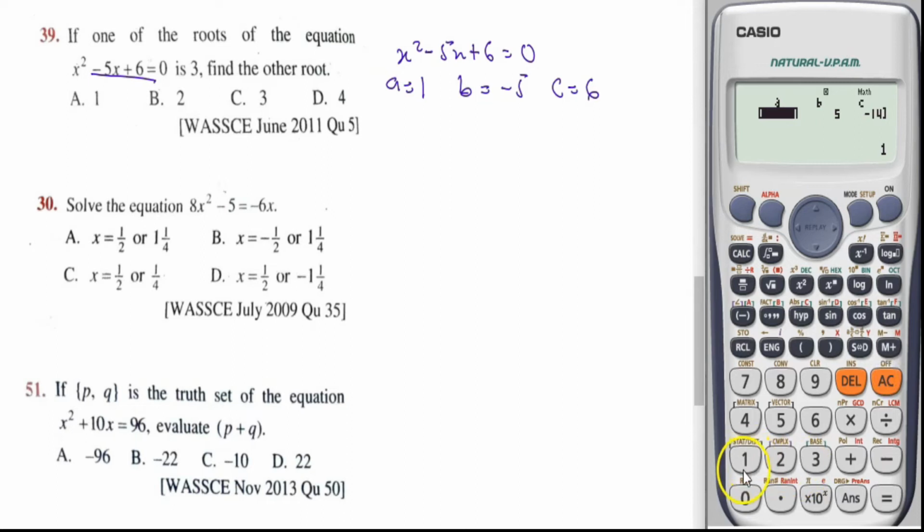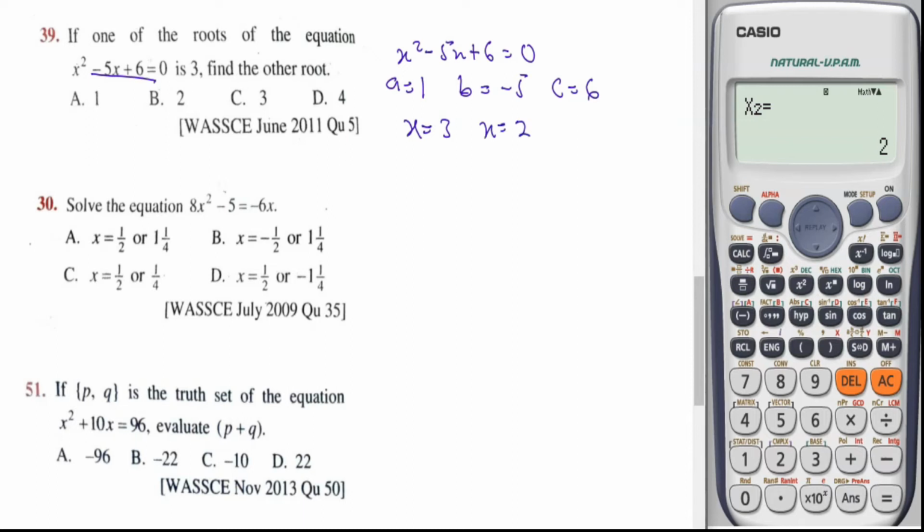So we have A as 1, enter, B as negative 5, enter, and then C as 6, enter again. Then we have our X, one solution as X equal to 3, and then the other solution as X equal to 2.